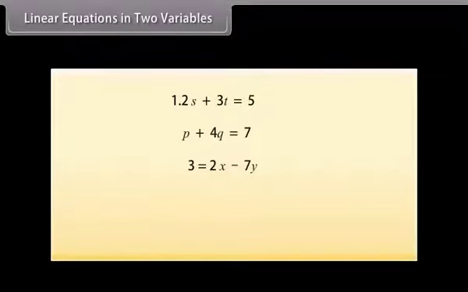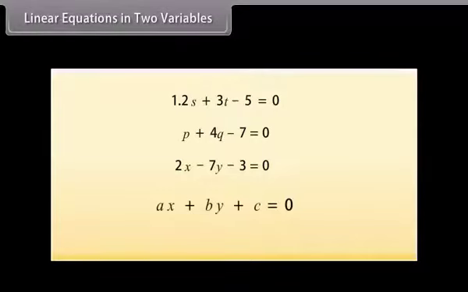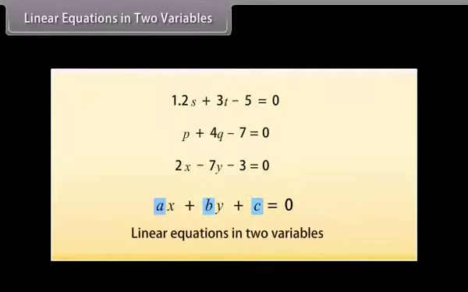We can put these equations in the form 1.2s plus 3t minus 5 is equal to 0, p plus 4q minus 7 is 0, and 2x minus 7y minus 3 is 0 respectively. So any equation which can be put in the form ax plus by plus c is equal to 0, where a, b and c are real numbers and a and b are not both 0, is called a linear equation in two variables.